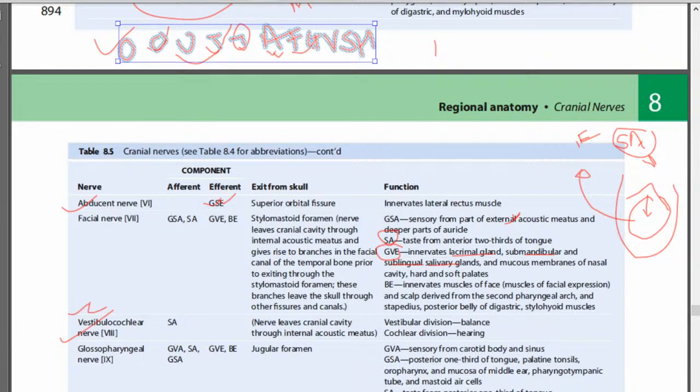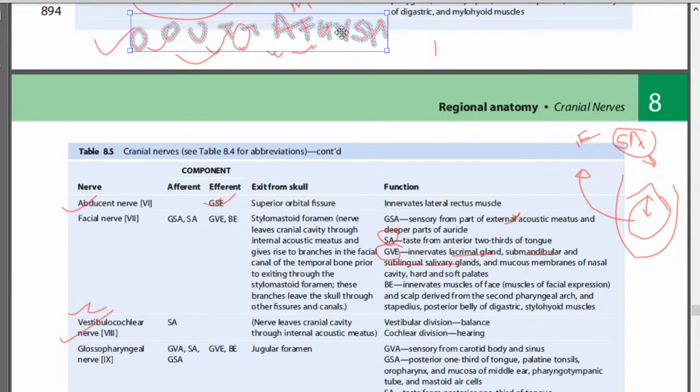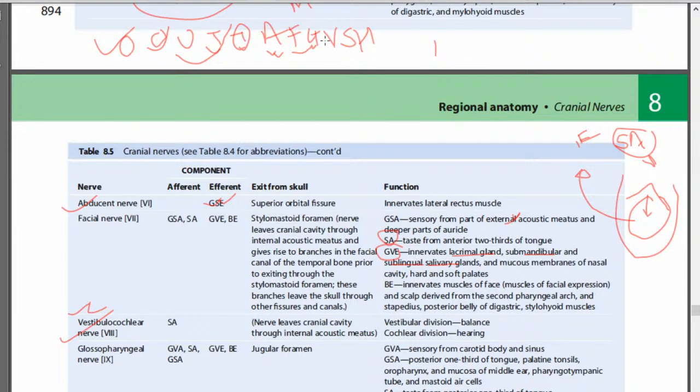V. Vestibular cochlear is eighth. Ninth is glossopharyngeal. Vestibular cochlear is eighth. Okay, vestibular cochlear is eighth, and ninth is vestibular cochlear. Vestibular cochlear is eighth, and ninth is vestibular cochlear is eighth.